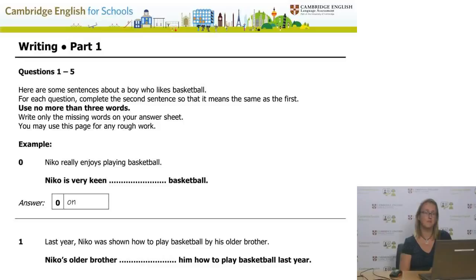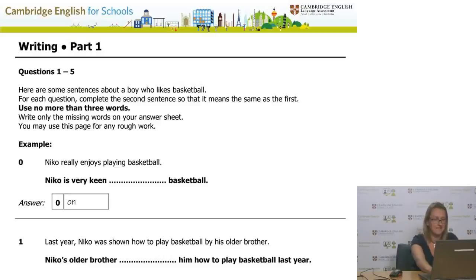If you look at question 1 here, can you write between 1 and 3 words in the chat box to complete the second sentence so that it means the same as the first one? So what is the missing word or words for that sentence?